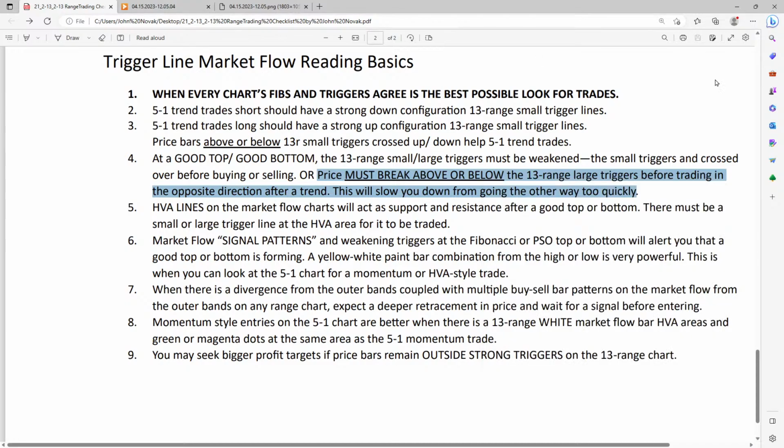This is my rule for me because I tend to see the top and bottom so much earlier than it actually is a top or bottom. So this is my personal rule to slow myself down.